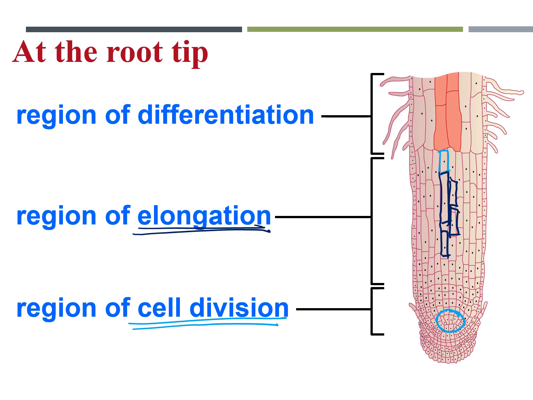The last region, at the higher part, is the region of differentiation. The cells now are no longer just simple cells, not longer cells, but instead they have differentiated into different functions, such as xylem and root hair, which you can find in this region. Xylem in the middle, and you can find root hair at the side.